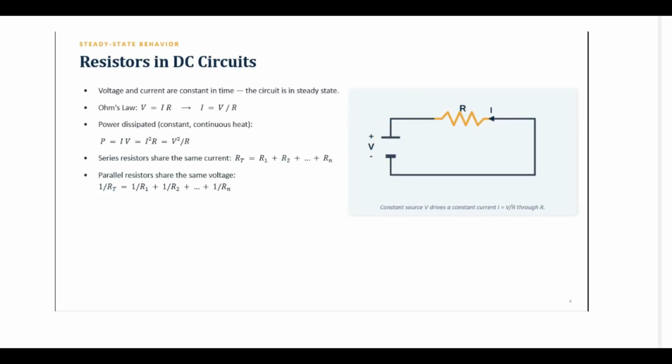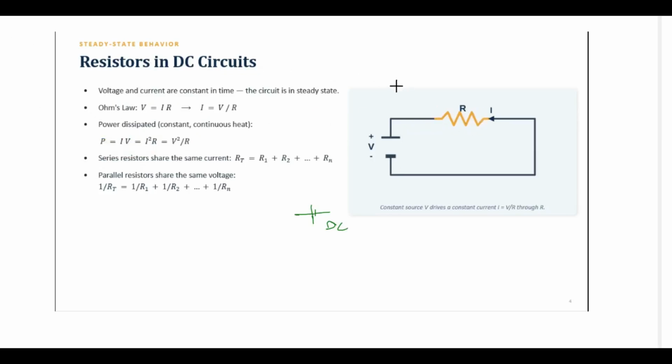This symbol stands for a DC source. So for a direct current circuit, since the current and voltage remain constant, the power dissipated remains constant. That's the principle here.